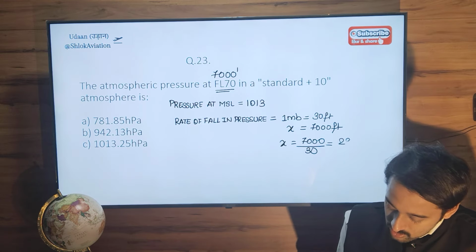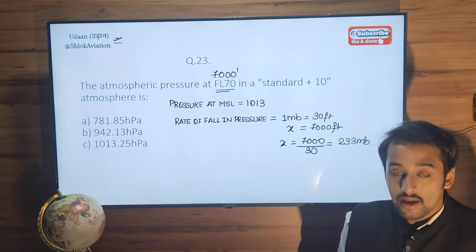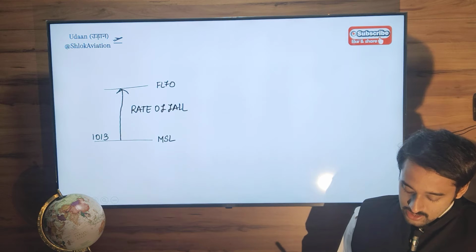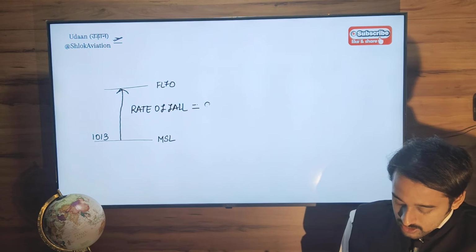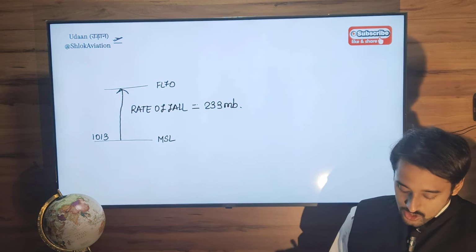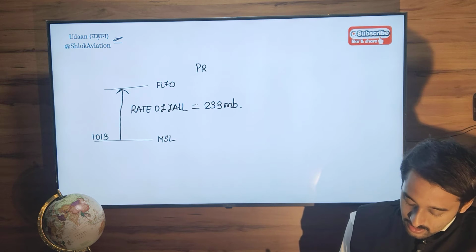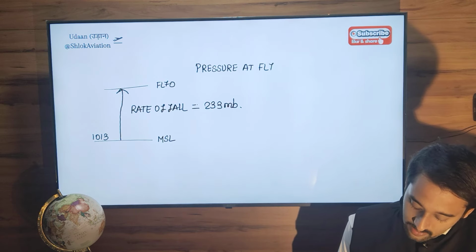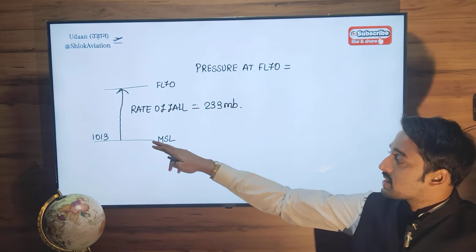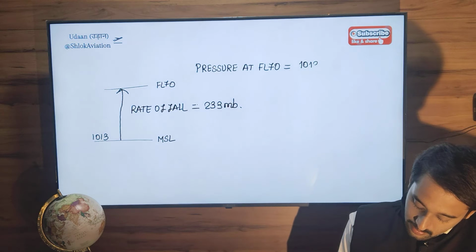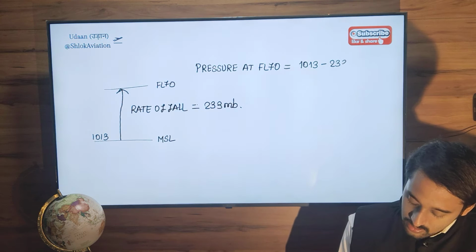233 millibars. That means the fall in pressure is 233 millibars. So pressure at flight level 70 is less than 1013: 1013 minus 233.